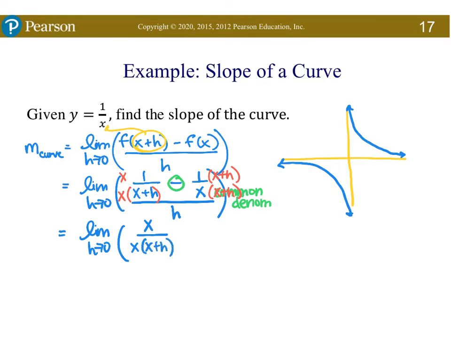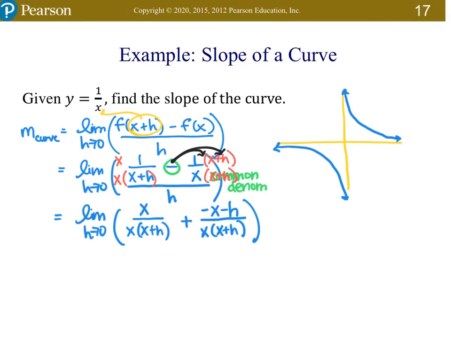You don't have to distribute that. The distributing you'll do would be this negative right here, and that negative would distribute to both the x and the h. So that would give me plus, and as the negative distributes, I'll have negative x minus h. And then over the common denominator, x times x plus h. And this whole thing is still over the original h.